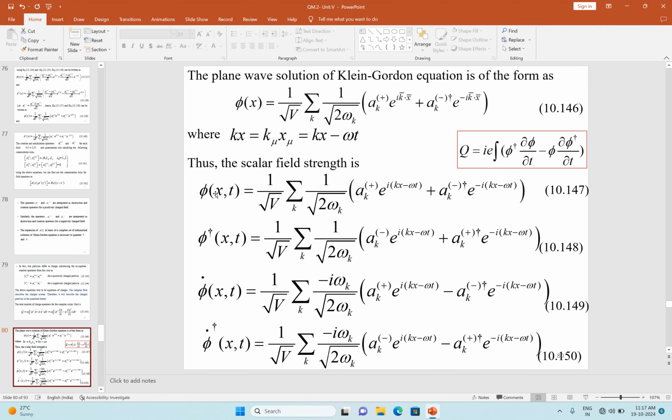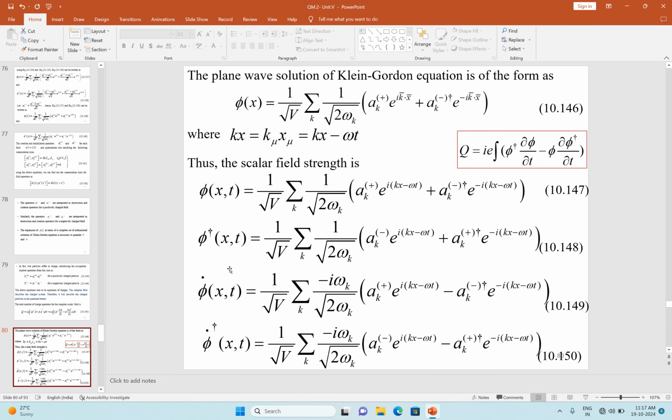That's why I have written phi as equation 10.147, and phi dagger you just take as the complex conjugate. That will give you 1 by root V, sum over k, 1 divided by root of 2 omega k, (a minus, a plus dagger). And similarly you will have to differentiate equation 10.147 with respect to t.